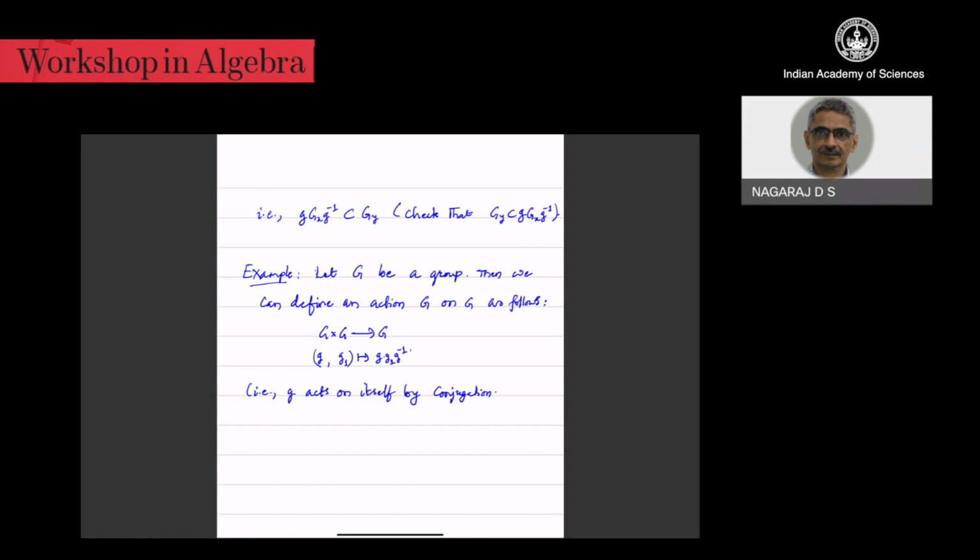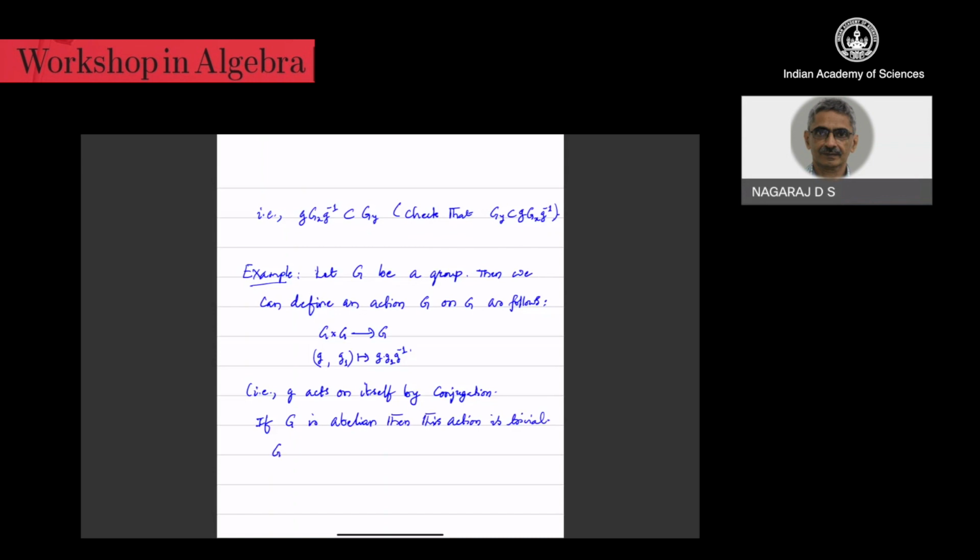So if G is abelian, then this action is trivial. What is the meaning of that?